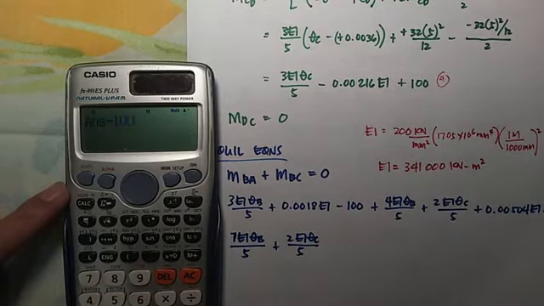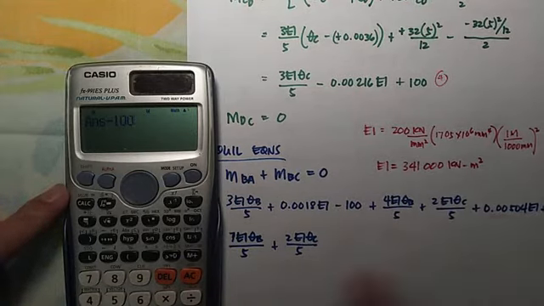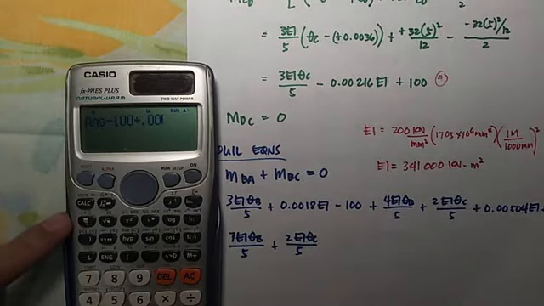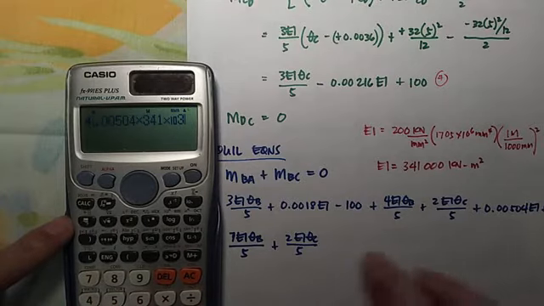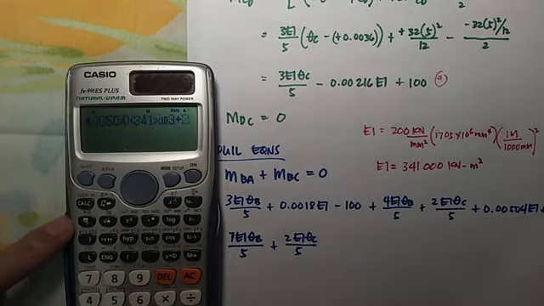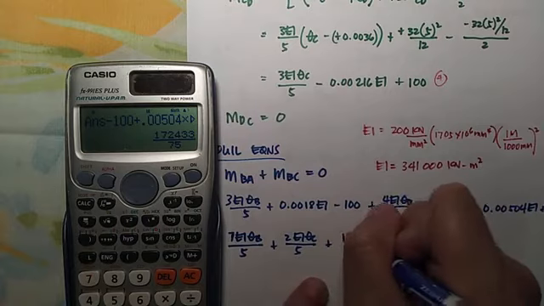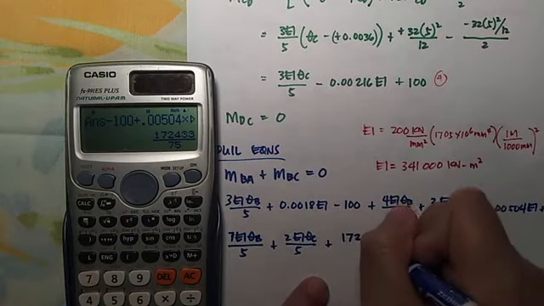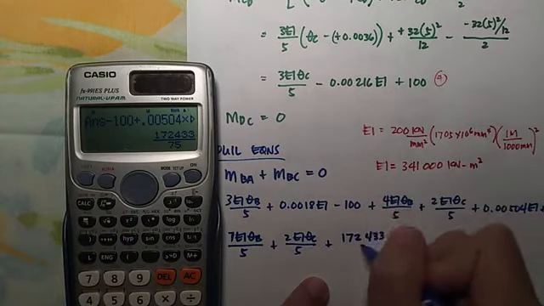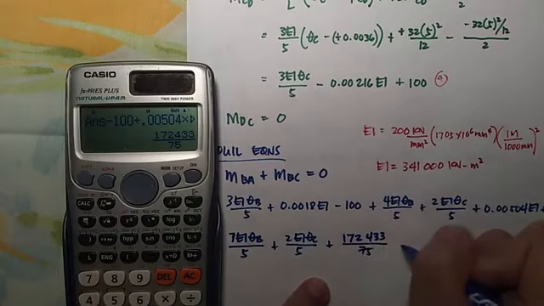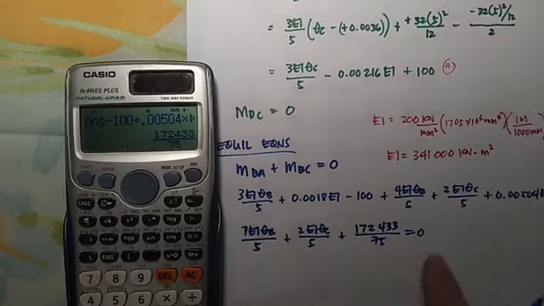So minus 100 plus 0.00504 times EI plus 200 over 3. So ang simplified niyan is plus 17,243 over 75 equal 0. So yan yung simplified equation natin.